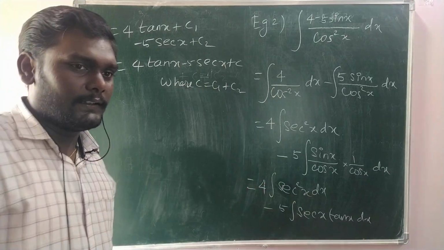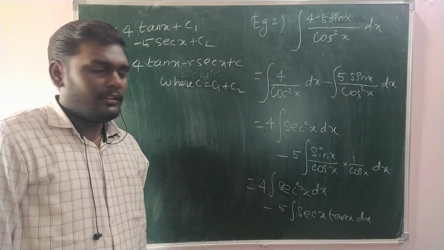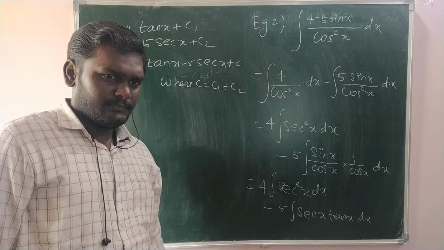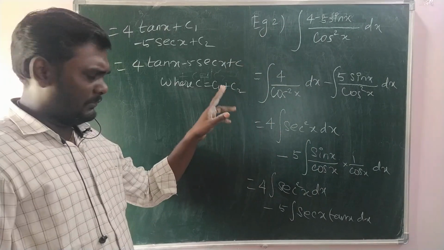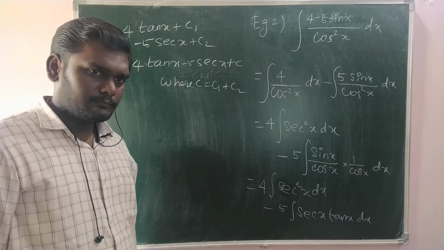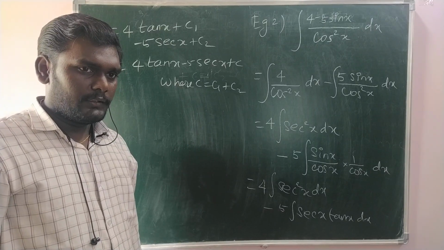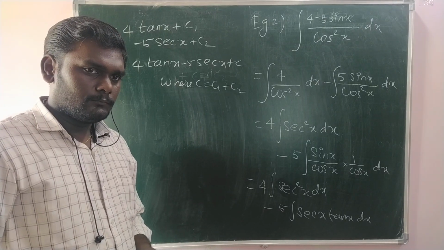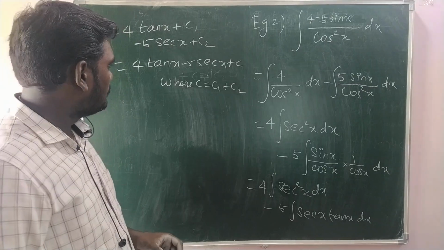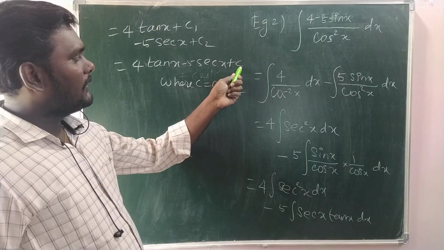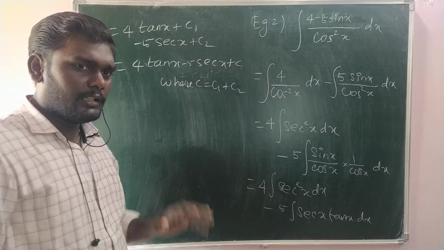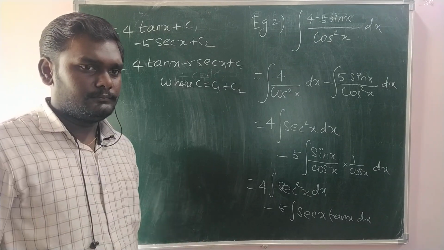This is for the descriptive examination. In the objective examination, we don't do all this. Simply we find the integral and add c. That's all. This c is c1 plus c2, combined as one constant.